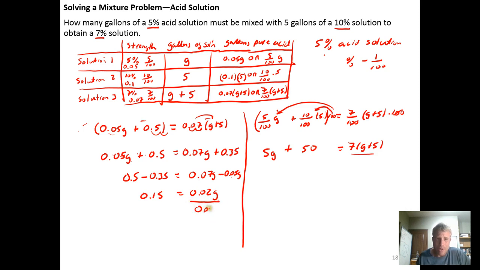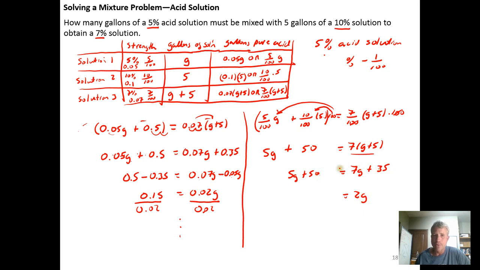And then what your gut is going to want to do here is divide by 0.02 on both sides, and you're going to look at this mess and grab a calculator, whereas over here I don't have any decimals and I've already cleared the fractions. So here if I distribute, I get 7g plus 35 on the right hand side. Subtract 5g from both sides, so I'll get 0 g's on this side, and 7g minus 5g is 2 g's on the right.